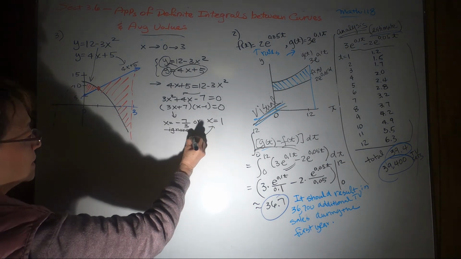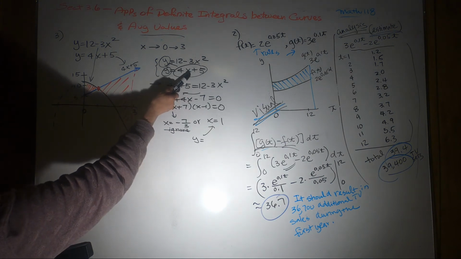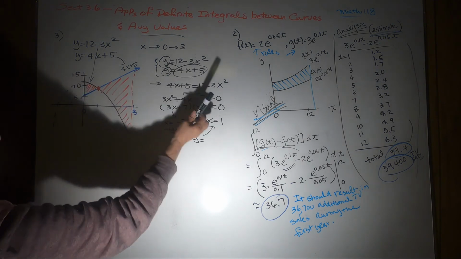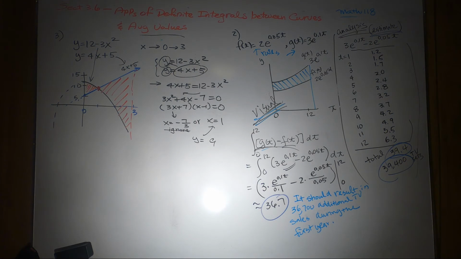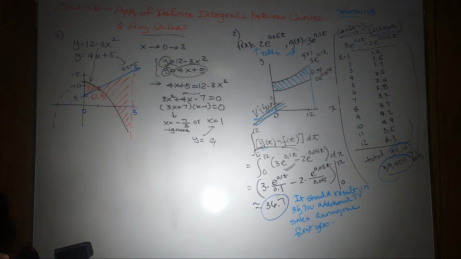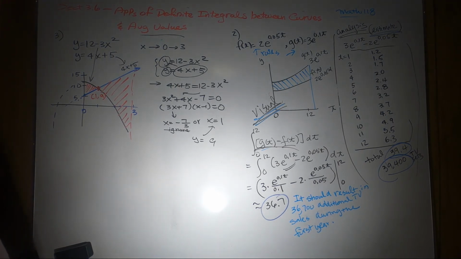When x is 1, what's your y? You plug in. x is 1, right? And 4 times 1 plus 5 is 9. It's right here, right? So this point is what? 1 and 9. Is that right? Okay.